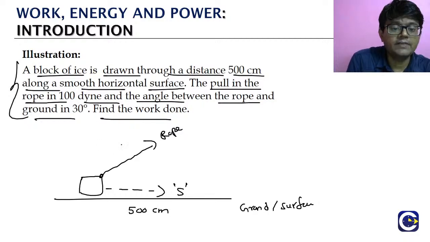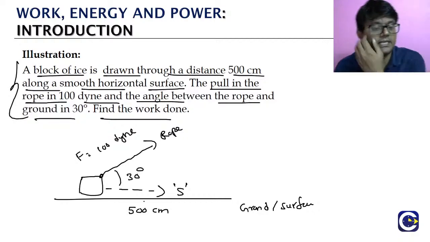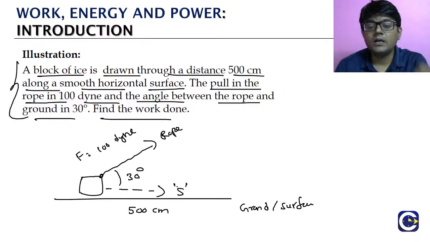What is the force they are giving? 100 dyne. This is the force, but there is an angle between the two, right? What is the angle? 30. Okay, so here we can see the force is given in terms of the CGS unit, as well as the displacement is also given in terms of the CGS unit.